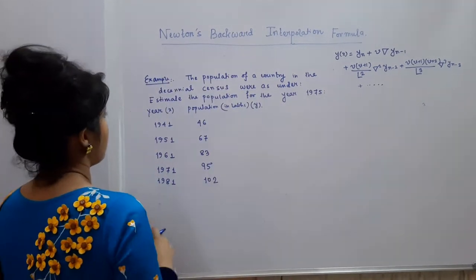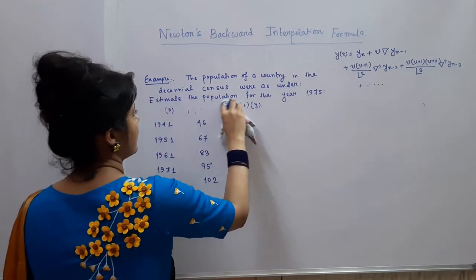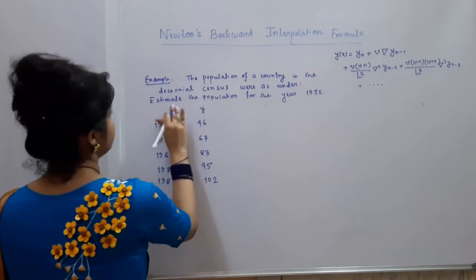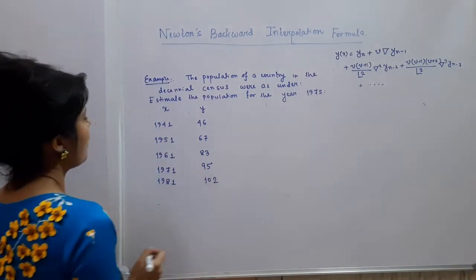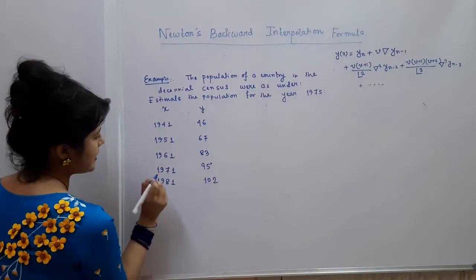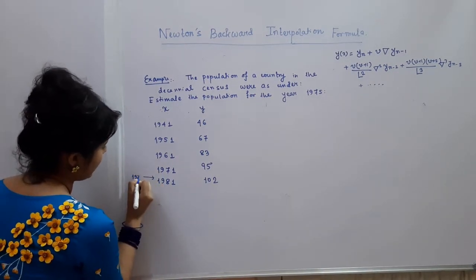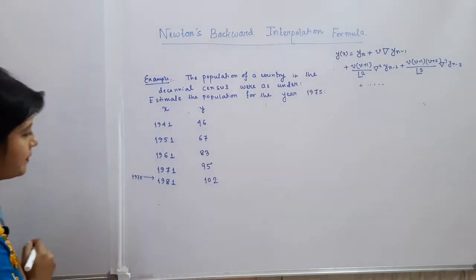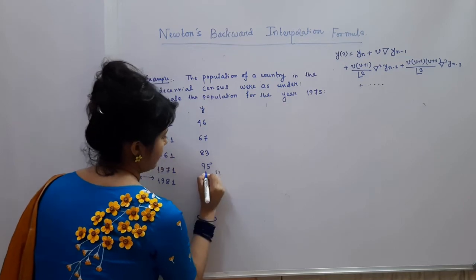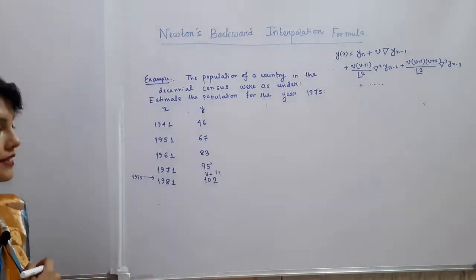I am writing only X and only Y. So you have to estimate the population for 1975. Clearly 1975 is at the end of the list, so you have to estimate the Y corresponding to 1975.